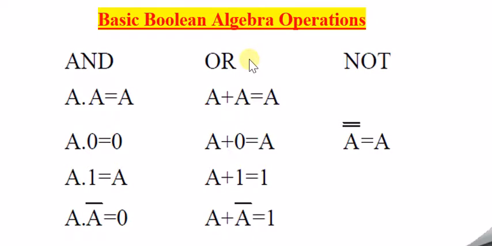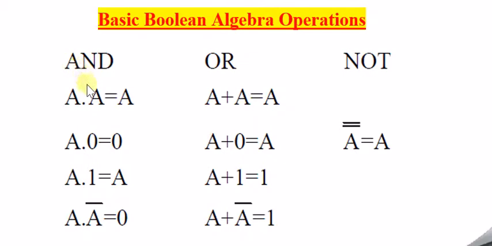So what is this Boolean algebra and what are the basic operations which can be performed in Boolean algebra? The basic operations, as I already told in the previous session, are AND, OR, and NOT. NOT is nothing but an inverter. We will go one by one, first AND, then OR, and then NOT.